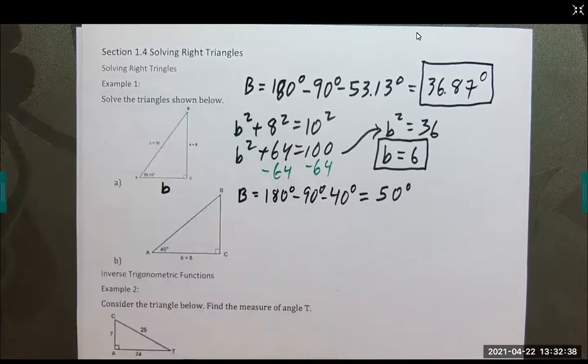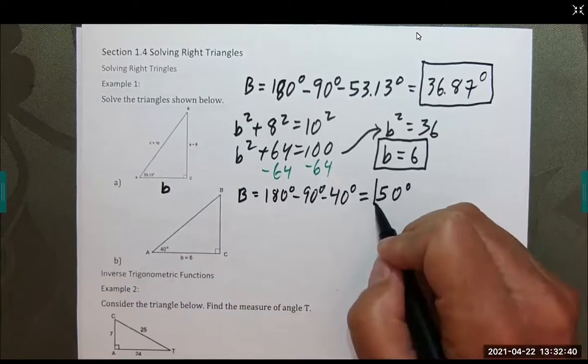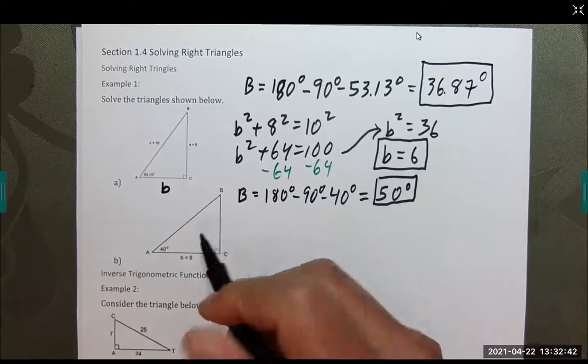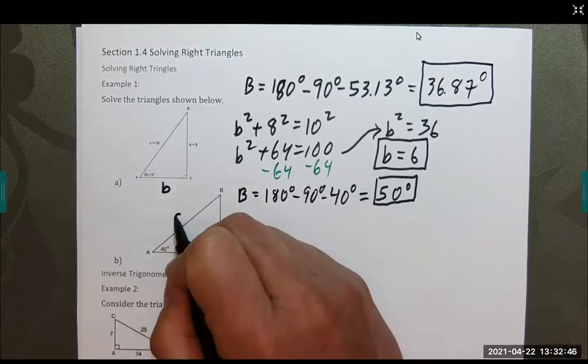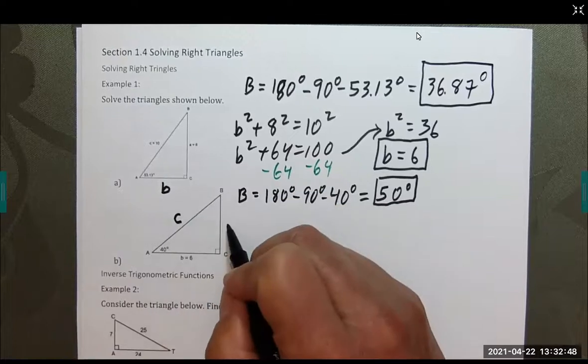So there's one of our unknowns. We're actually going to get 3 answers for this one because we have a missing angle as well as 2 missing sides. I'm going to call this side lowercase c. I'm going to call this side lowercase a. It's always opposite the angle.